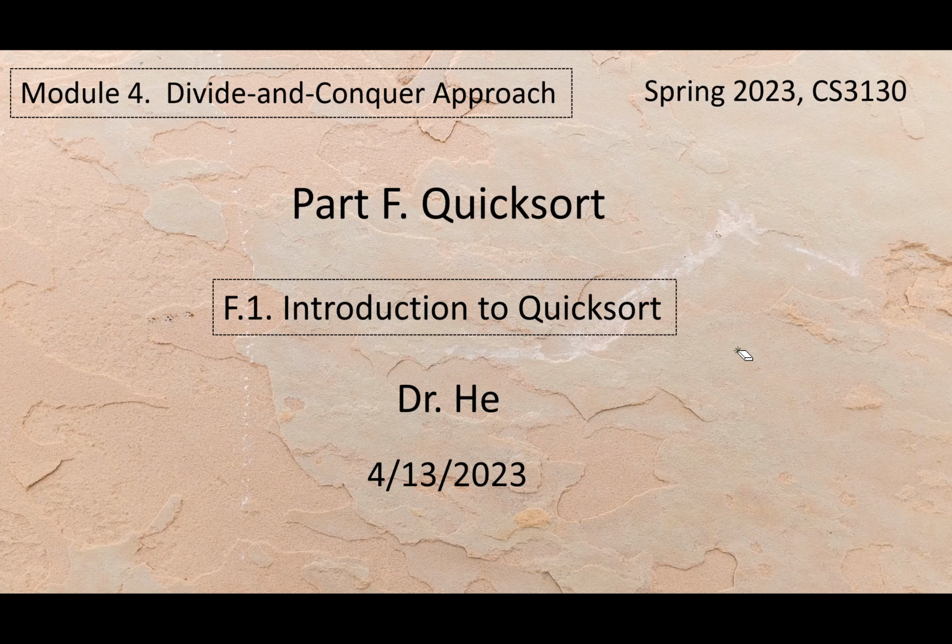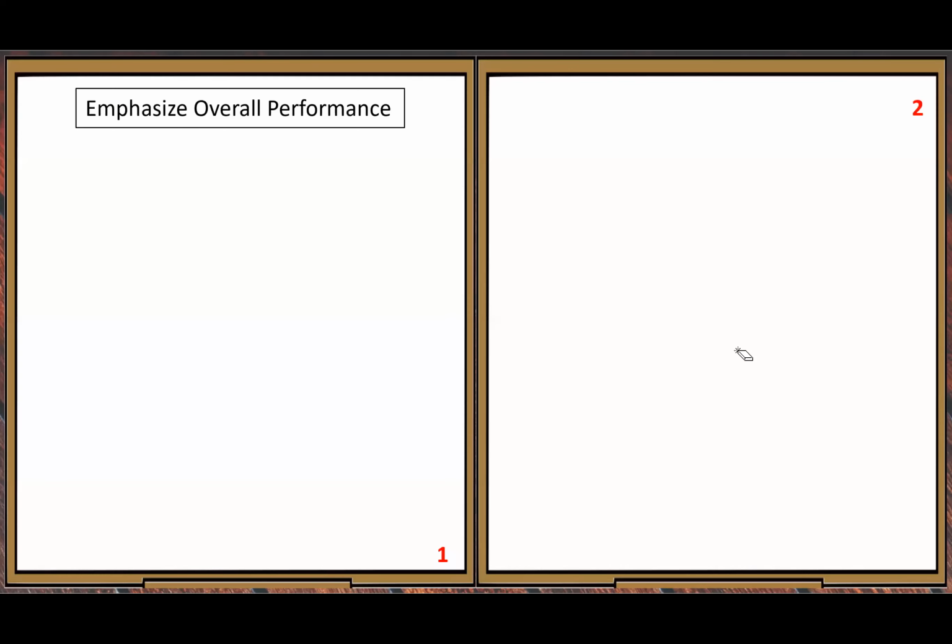F.1, Introduction to Quicksort. We use the divide and conquer approach to look at the main idea behind the quicksort. First, the motivation.